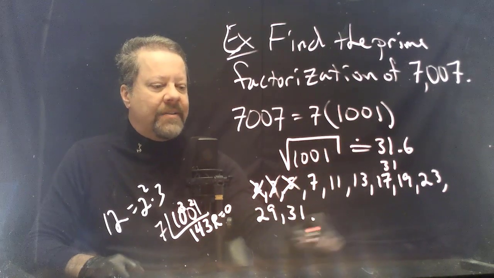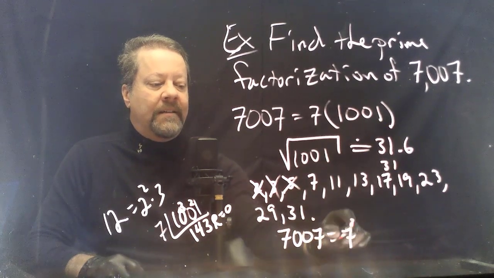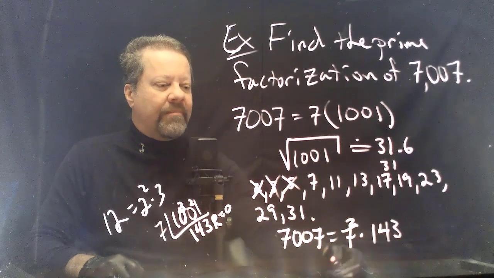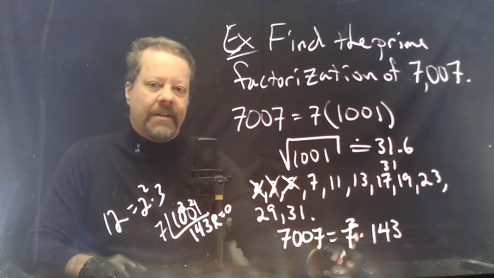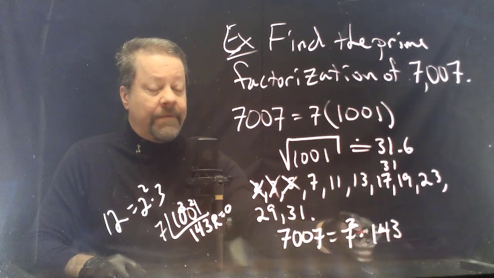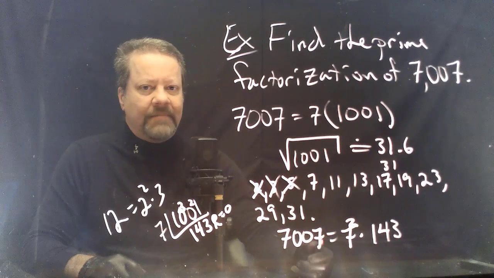That means 7007 is in fact 7 squared times 143. We just need to figure out the factorization of 143. Notice that 1 plus 3 is 4. That's a key indication that 143 is divisible by 11.